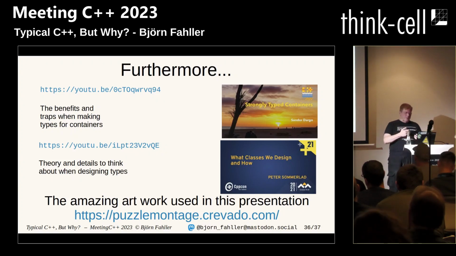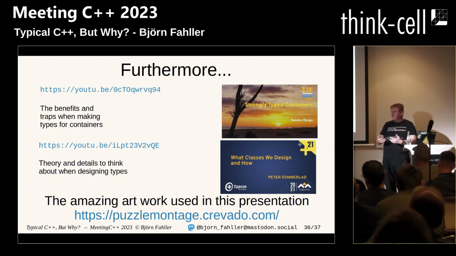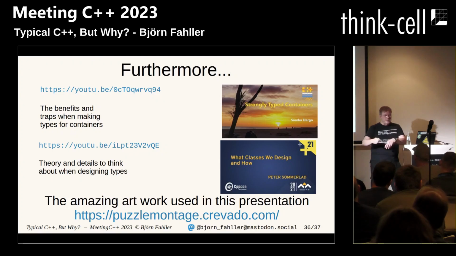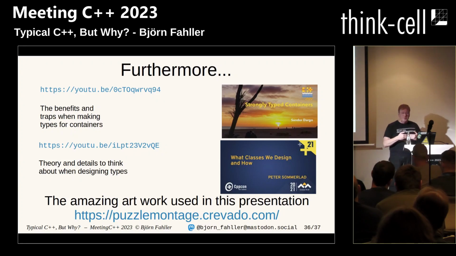If you have adopted that wisdom and you understand the different categories of types, then when you design your new type, you can think, but this is a handle kind of type, therefore it should behave like this, for example. This makes your types less surprising for your colleagues because they follow a familiar pattern. And it makes it easier to communicate with your colleagues about how a type should be designed.